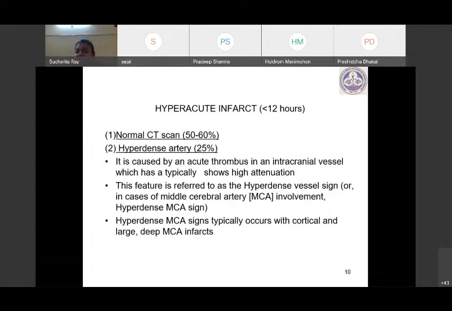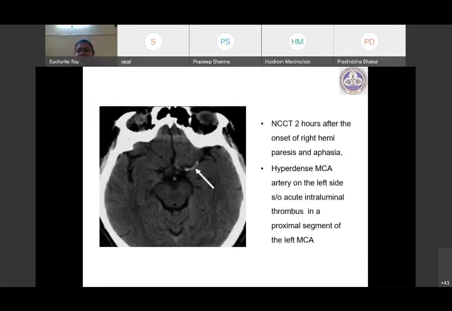Remember that up to 60% of CTs can be normal, but there are certain other conditions which you need to understand. One of the most common of them is the hyperdense artery, caused by an acute thrombus lodging inside an intracranial vessel, and it's called the hyperdense vessel sign. Now, this case was seen in a patient 2 hours after the onset of right hemiparesis.